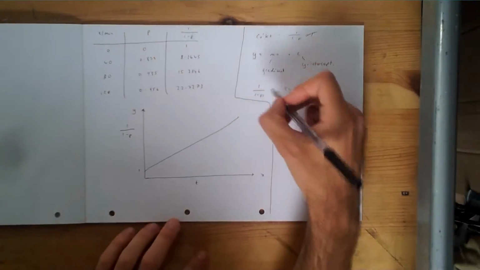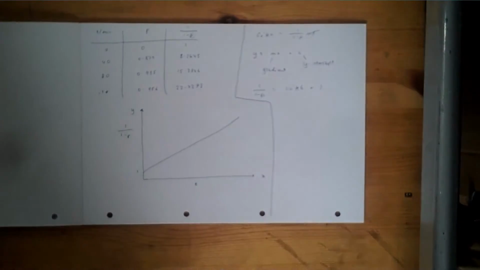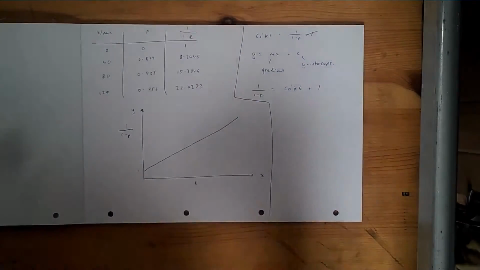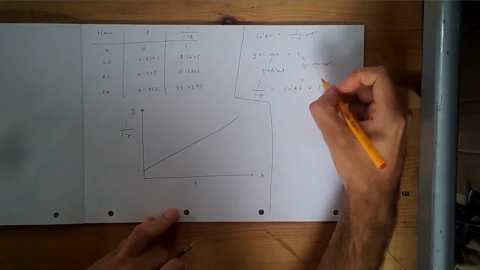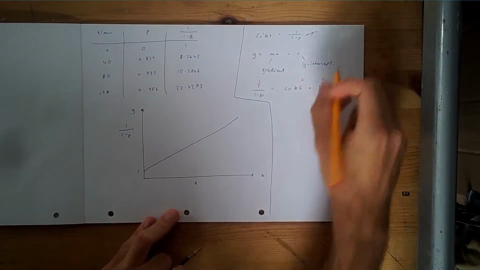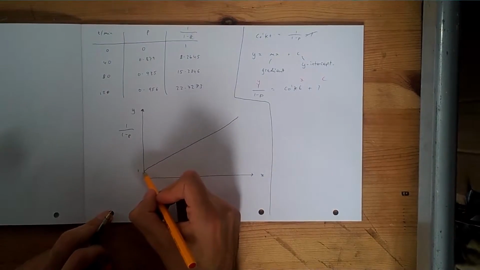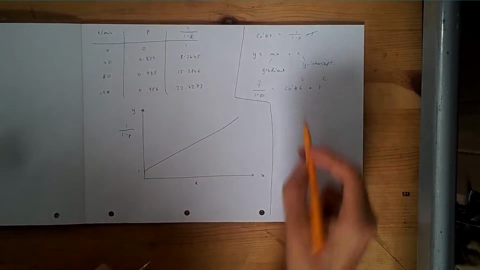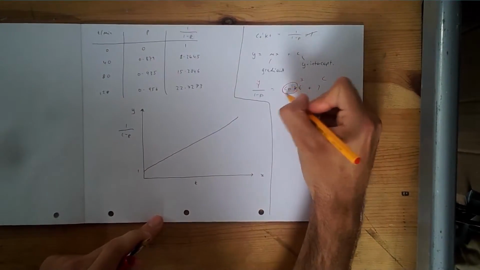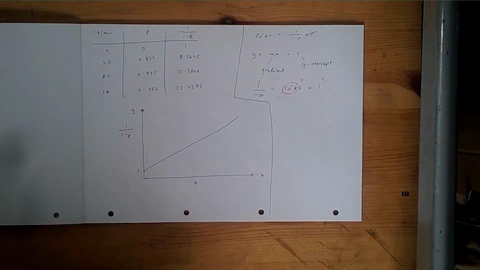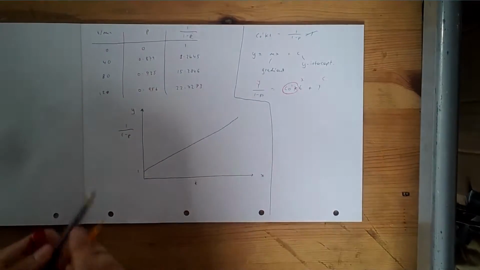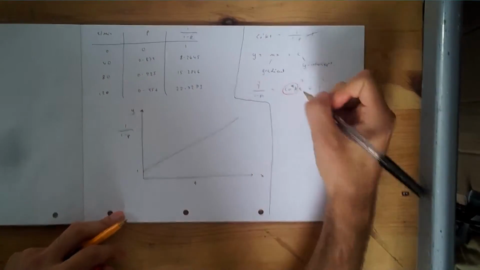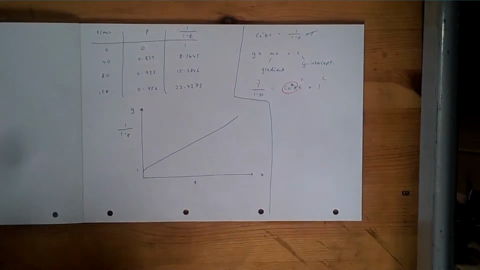This is our y, this is our x, the t, and the 1 therefore is the c, the point at which it crosses the y-axis, and then our gradient will be equal to C0 k prime. Sorry, it's C0 k prime, that's my bad. K prime.